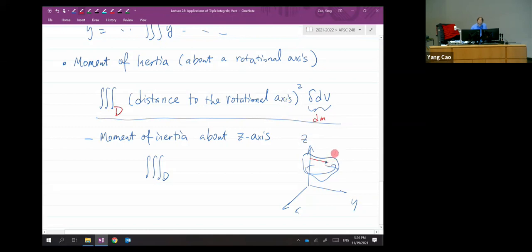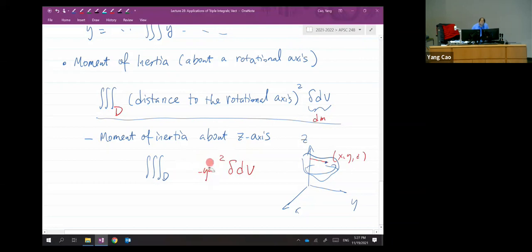For any point, its coordinate is X, Y, Z, and the distance from here to the Z axis is the square root of X squared plus Y squared. And then you square it, and then times the density dV. That will be your moment of inertia of this object about the Z axis. This can be simplified easily because the square root is squared, so you get rid of the square root.